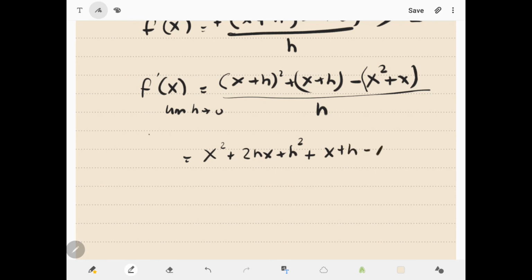So this is negative x squared minus x. Okay, so this term will cancel out. By the way, this is over h. So this term will cancel out. Any other term that will cancel out, no more.